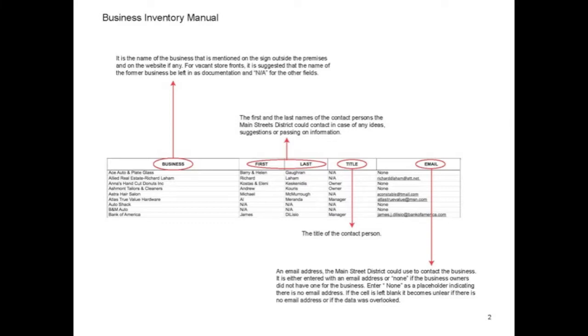I mean, it's very evident that one knows what a business is or what the first or last name is, but it's just to regularize how people fill in the inventory, because when 5 of us were working on filling the spreadsheet, all of us had different methods to fill them in, and when all the 19 districts fill the spreadsheet, it should be consistent, and when it goes to the high authority, like the Department of Neighborhood Development, they should be able to use the data efficiently.